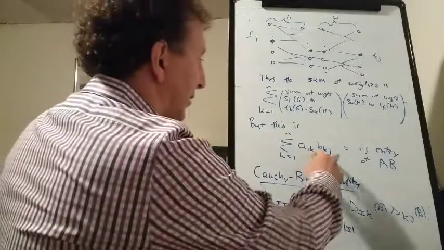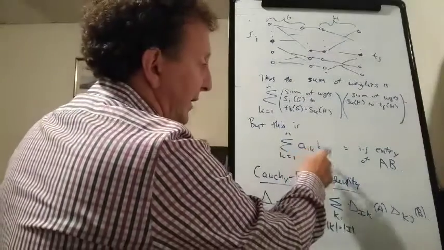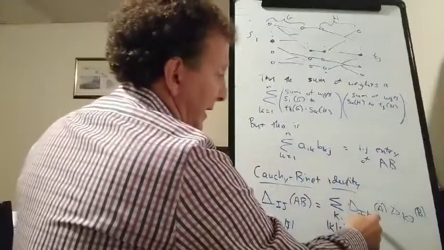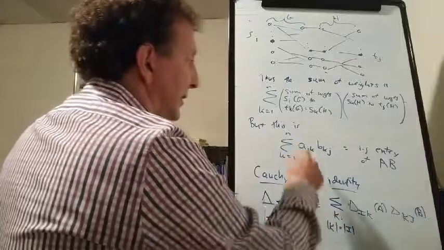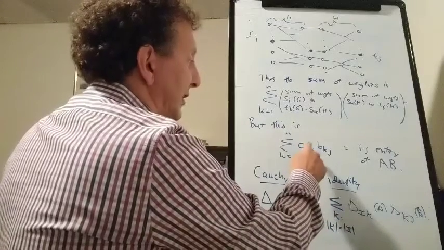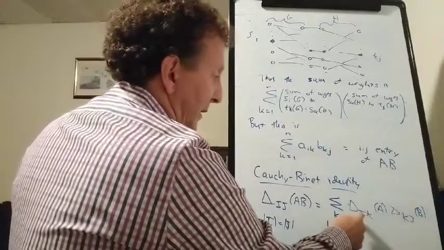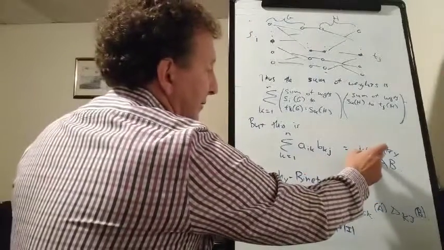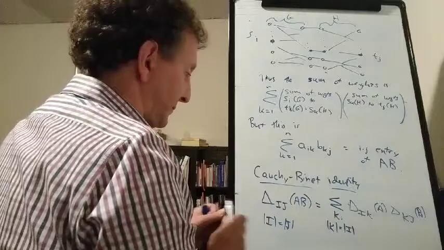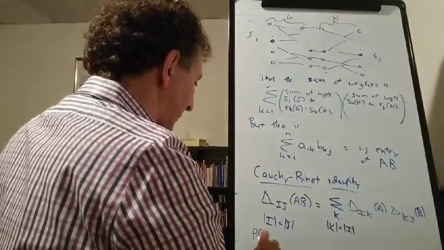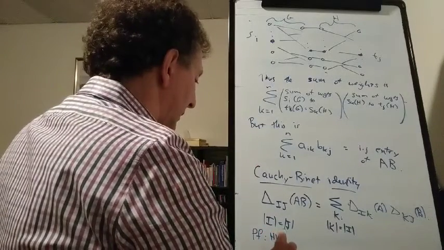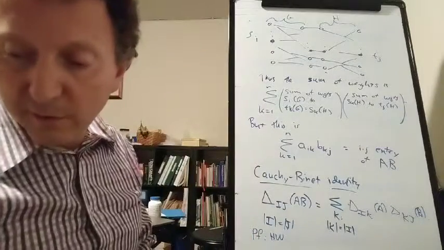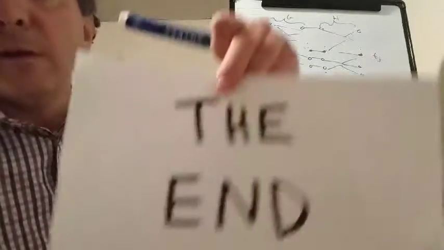So we've got the product of a minor of A times a minor of B, and these indices on the inside have to match, the capital K's have to match, and then the indices on the outside, capital I and capital J, have to match what we're looking at in the product. And I'm going to leave this proof for you for homework. The end.